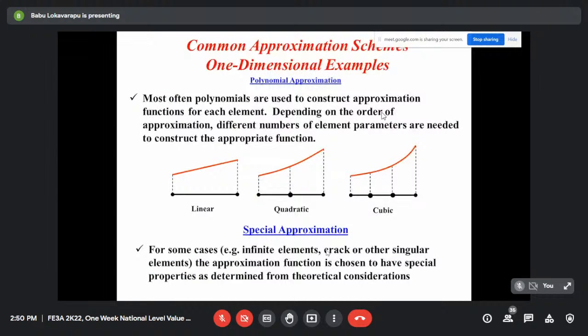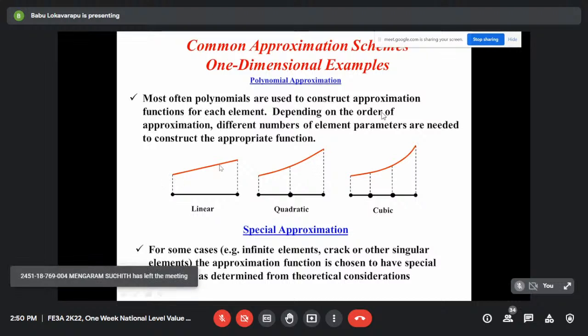And this is what I'm trying to show in the ANSYS approach. Linear, and this is quadratic. In quadratic, you are going to get one more point in between the first and last to have better control. In cubic, you can see two more points in between. That is how we are going to increase the accuracy. See here, the straight one, we have only first and last, in between none. But here one more point in the middle.